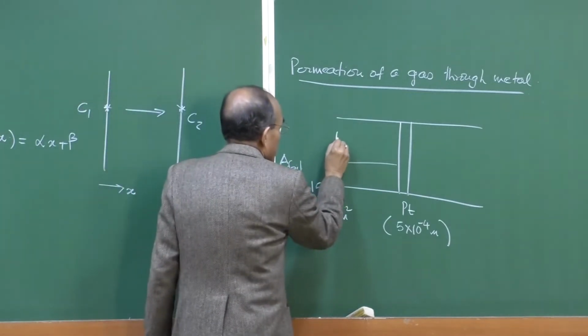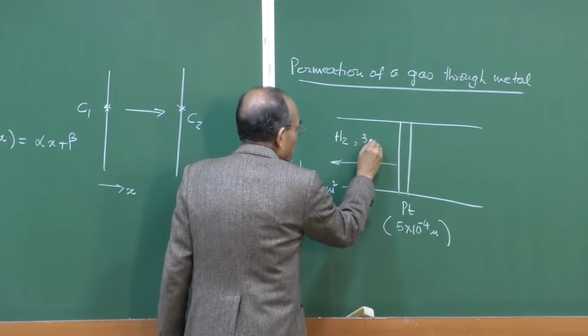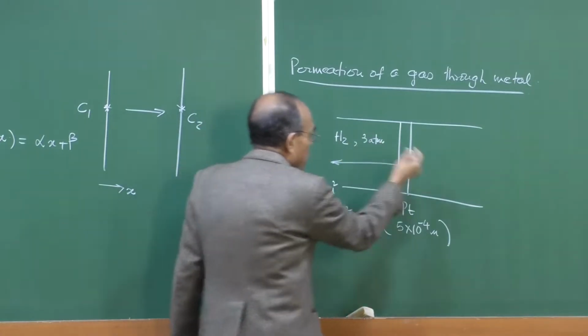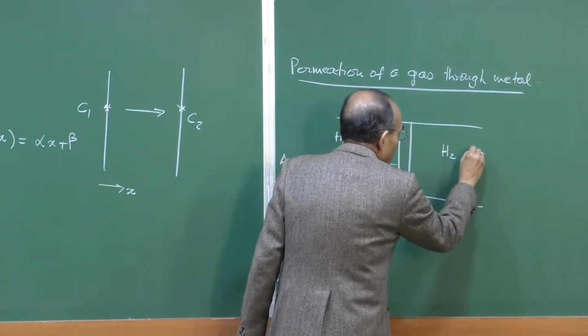On this side we have hydrogen gas at 3 atmosphere pressure. On this side we have hydrogen gas at 0.5 atmosphere pressure.